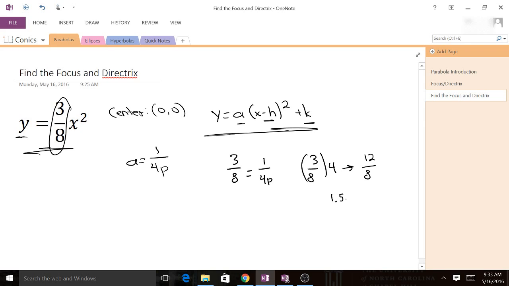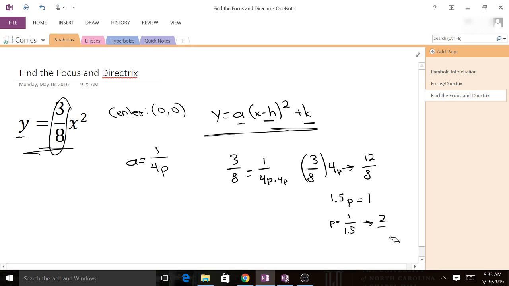So we multiplied this by 4p and got 1.5p equals 1. Then we can divide and get p equals 1 divided by 1.5, which is the same as 2 divided by 3. So p equals 2/3.